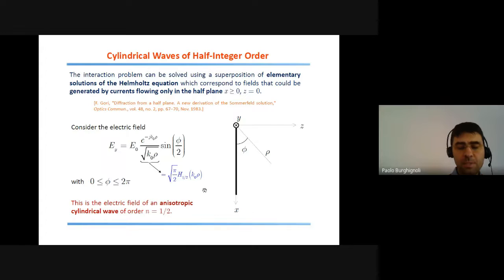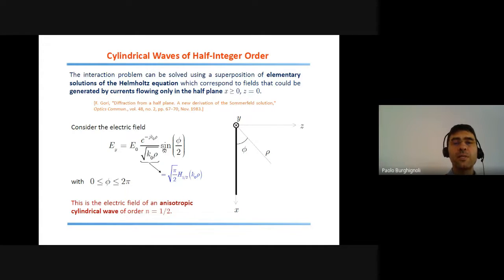And actually, this is a solution that can be thought as being obtained with the method of separation of variables, since it is the product of two terms. One is a function that depends only on the radial coordinate rho, and it is actually proportional to the Hankel function of order 1/2, and of the second kind, which is something I forgot to write down here.